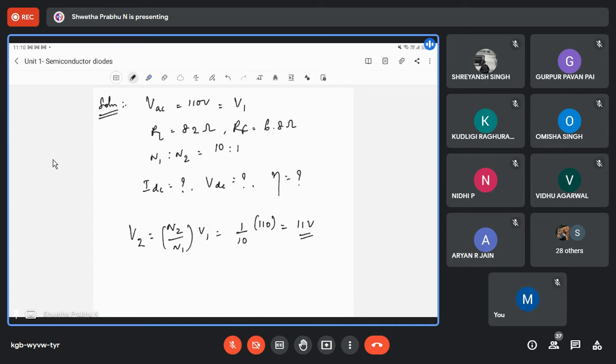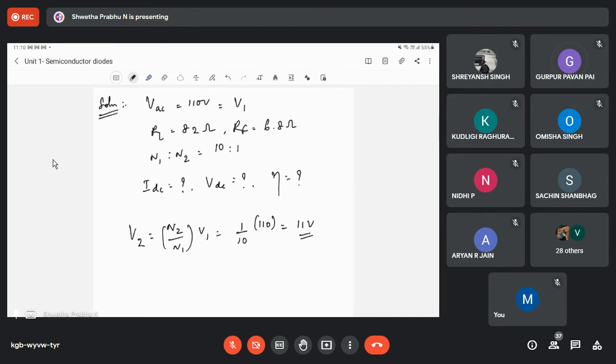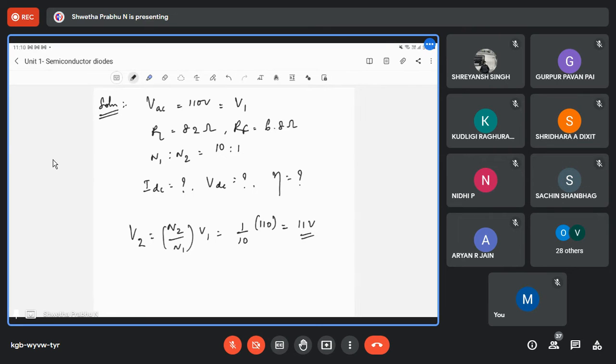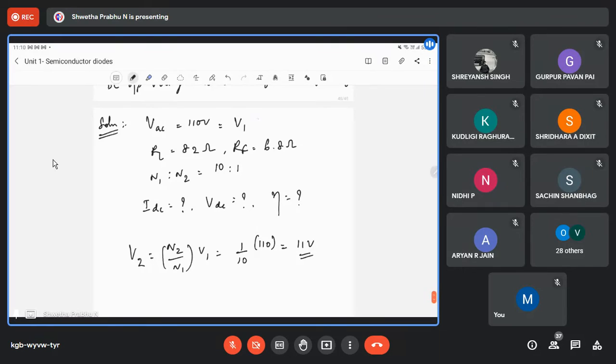It will down convert the value from higher to lower. Guys, did you understand? Yes, ma'am. Till this step, is it clear? So V1 represents primary and V2 represents secondary.